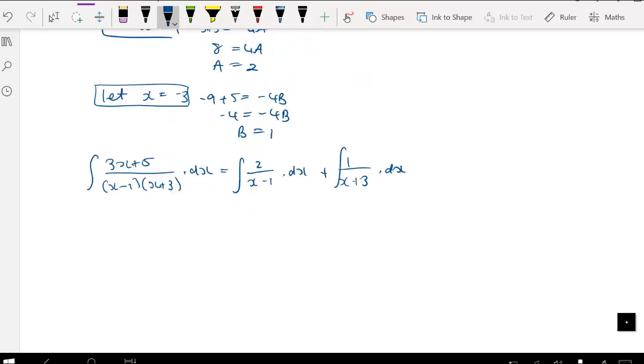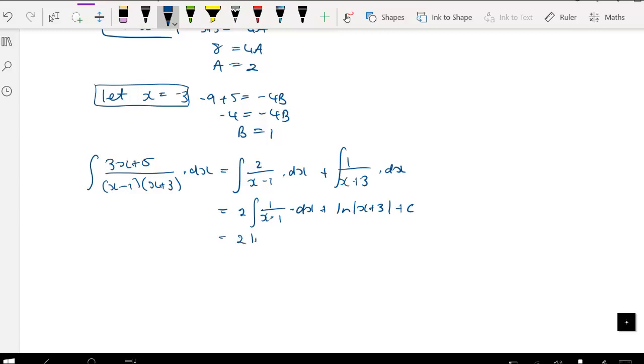So now we can integrate each of these. This will be 2 times the integral of 1 on (x - 1), which makes the numerator the derivative of the denominator. And the second one we can integrate straight away because it's already the derivative of the denominator. That will be ln|x + 3| + c.